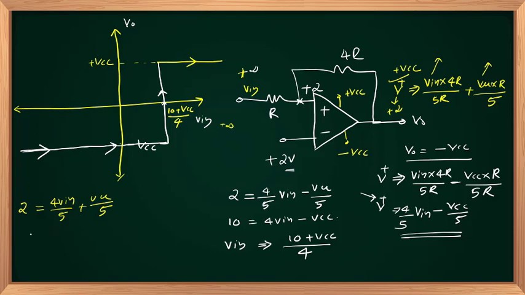That implies 10 minus VCC by 4 will give you that V in value, right?